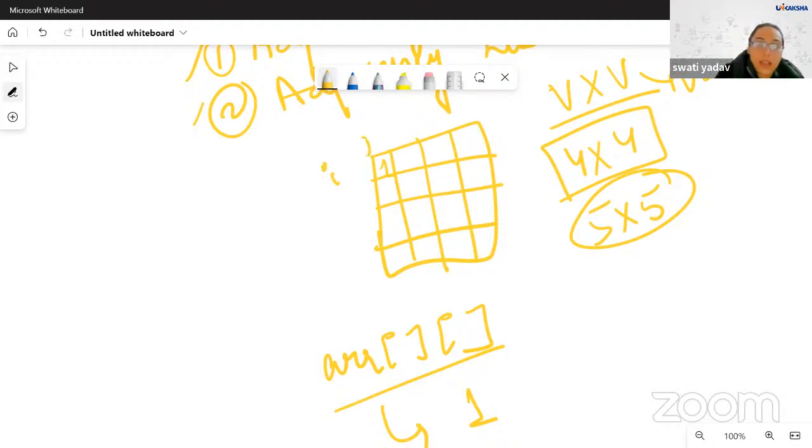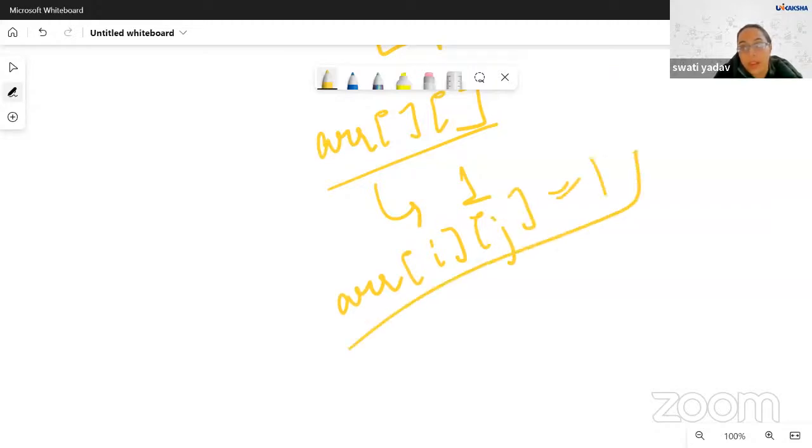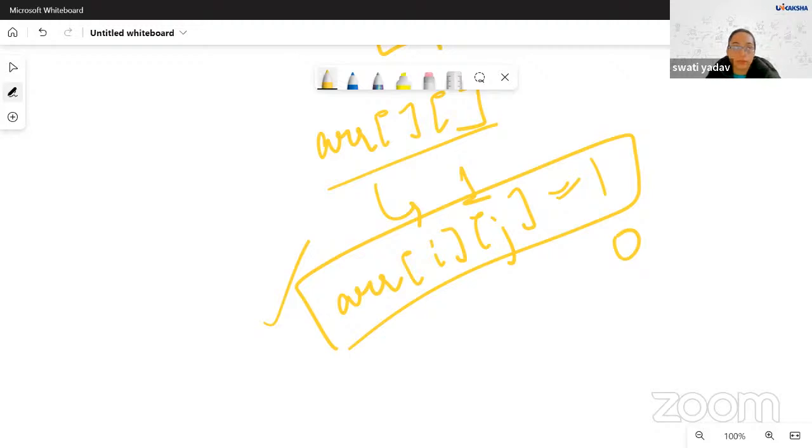Let's say this is I and this is J. So if it has 1, that means there exists an edge between those two vertices. If there is no path, that will be indicated as 0.